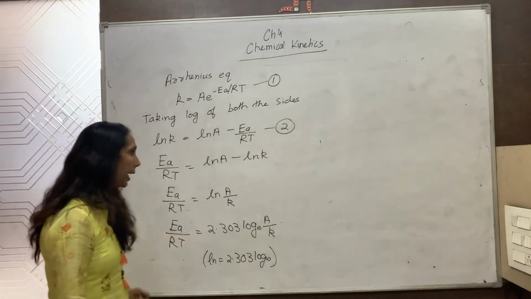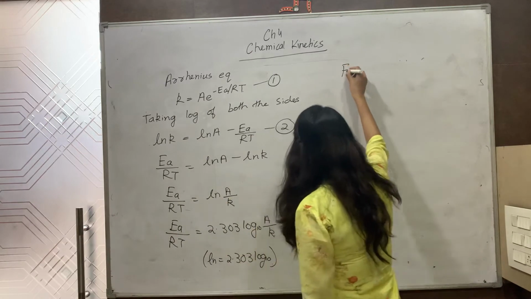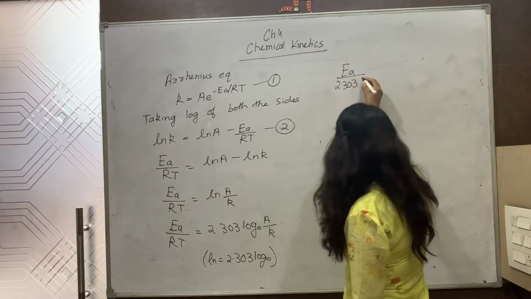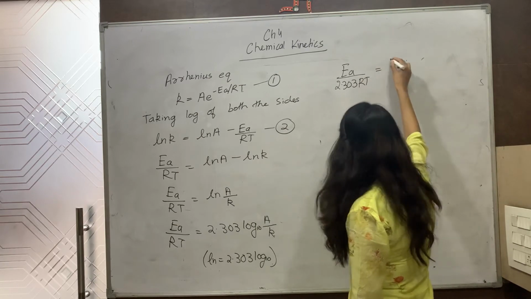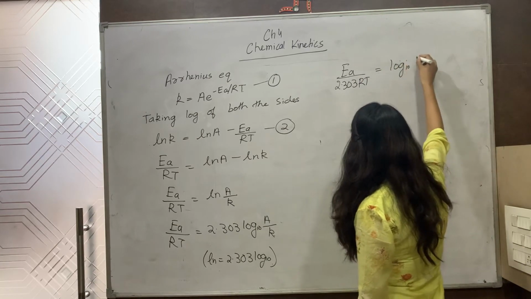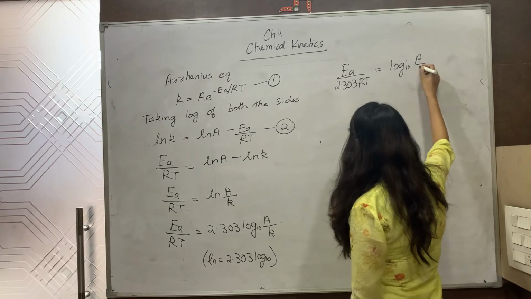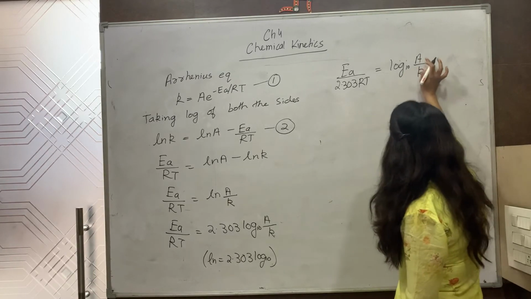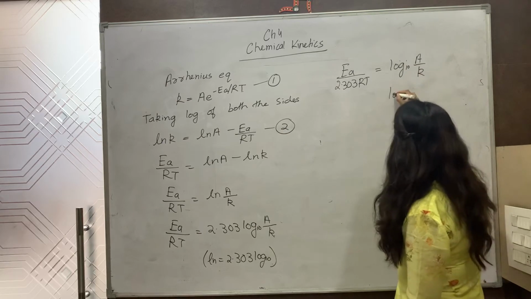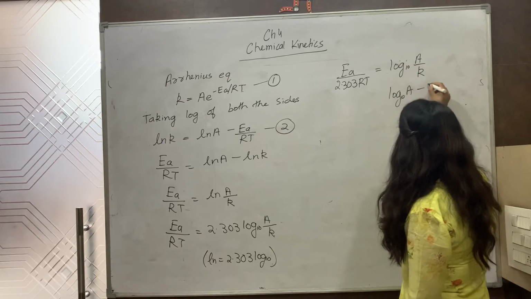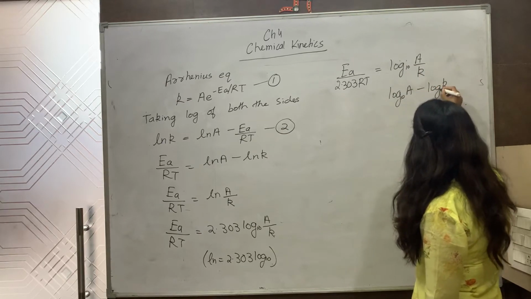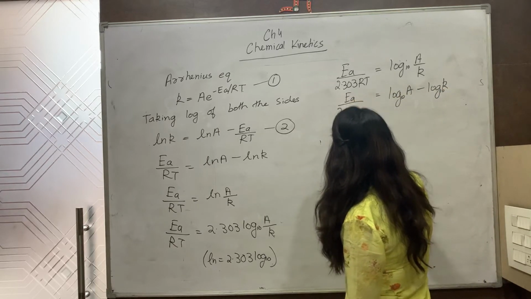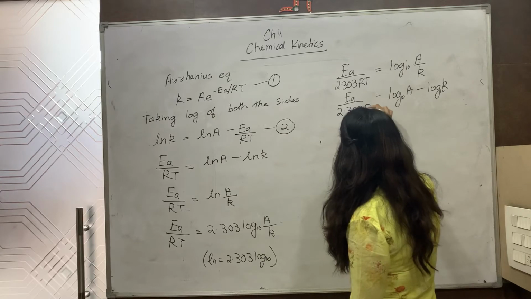Now I am rearranging it again. I bring it this side. So it becomes Ea upon 2.303 RT is equal to log to the base 10 A upon k. Rearranging it again, we know that log to the base 10 A upon k means log A minus log k. It is equal to Ea upon 2.303 RT.